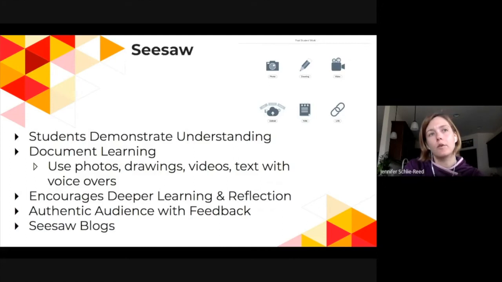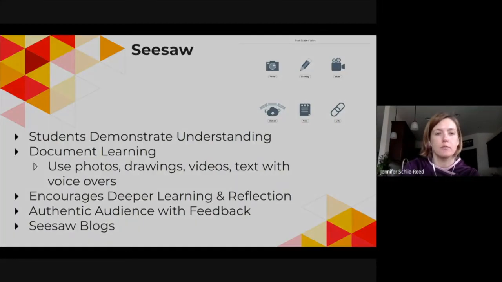One thing we're always trying to get our students to have is a little bit of authentic feedback from their peers. If you are using Seesaw, similar to what I talked about with PowerSchool with the discussions, you could have that feedback built in by having students respond to each other's posts as well.